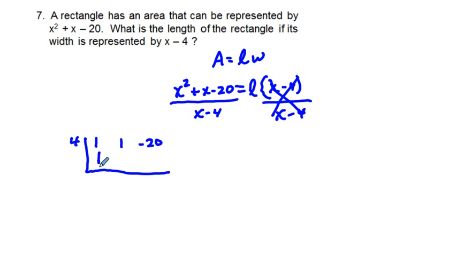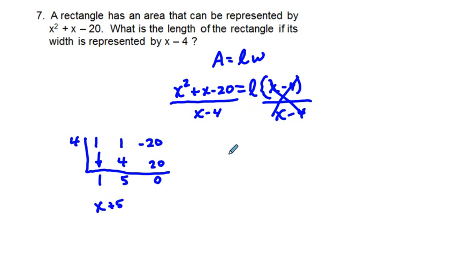We bring down the 1. 4 times 1 is 4. Then we get 5. 4 times 5 is 20. We get a remainder of 0. So what we have is x plus 5.